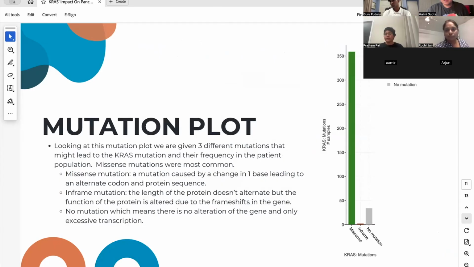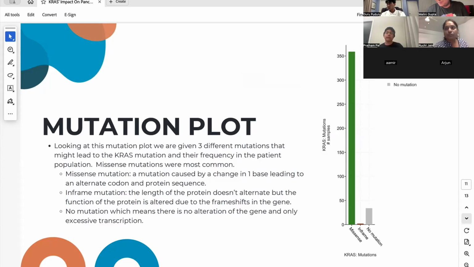Oh, and the mutation plot. The mutation plot analyzed 3 different types of mutations: missense, inframe, and no mutation. Missense mutations, which we saw in the beginning, are mutations caused by one change in one base. Inframe mutations are multiple insertions and deletions in the gene that cause multiple frame shifts.